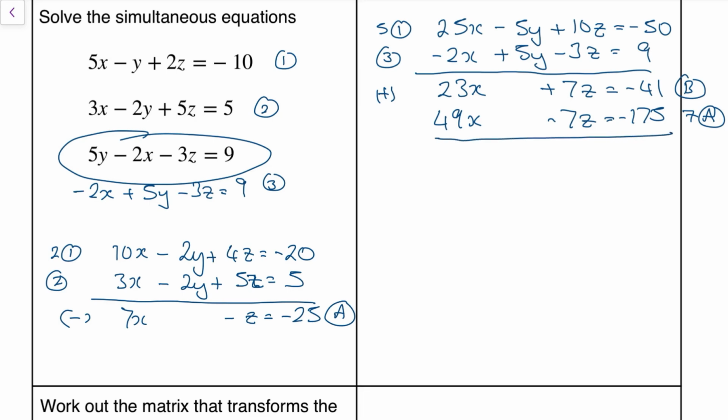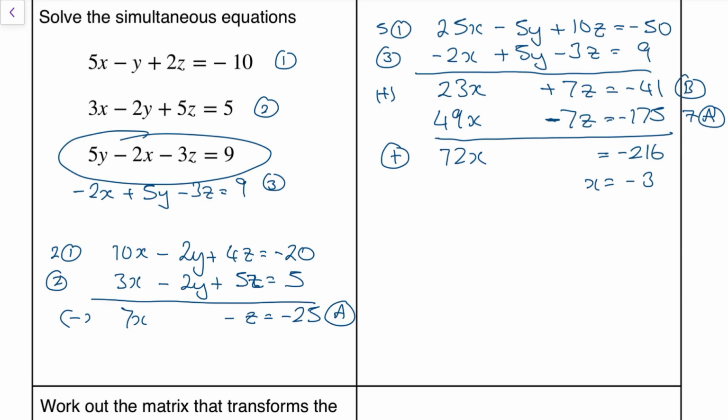Now, that's a minus and that's a plus, so I'm going to add these together. Now this is where I hope the numbers come out nicely. So 23 and 49 is 72x. The z's go away. Minus 175 and minus 41 is minus 216. Oh, okay, that's okay. So therefore x is equal to minus 3. Wow. There might have been a slightly easier way or easier numbers here, but either way, that's what's fallen out.